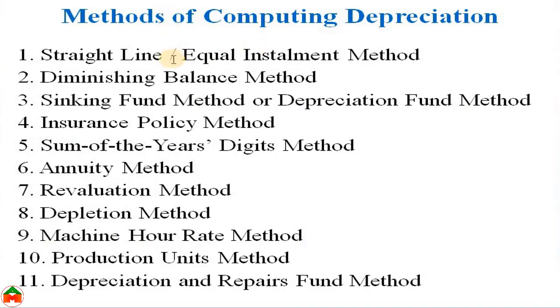We can see the common methods for computing depreciations are straight line method or equal installment method, diminishing balance method or reducing balance method, sinking fund method or depreciation fund method, insurance policy method, sum of the years digits method, annuity method, revaluation method, depletion method, machine hour rate method, production units method, depreciation and repairs fund method. So these are the methods that are used for computing or calculating depreciation.